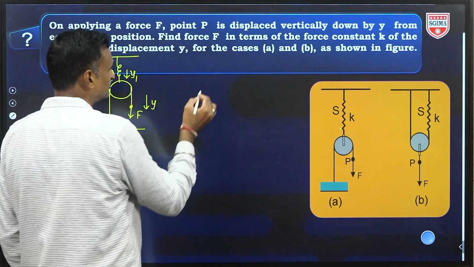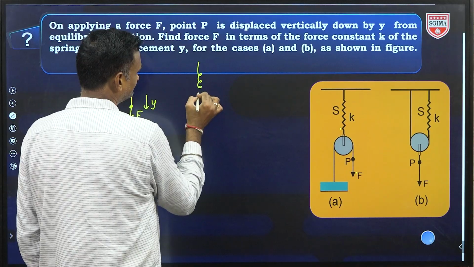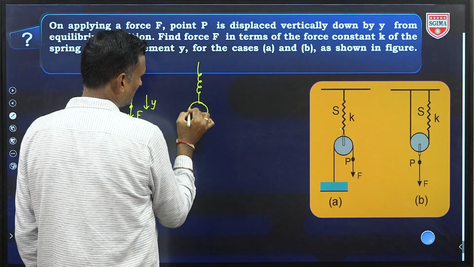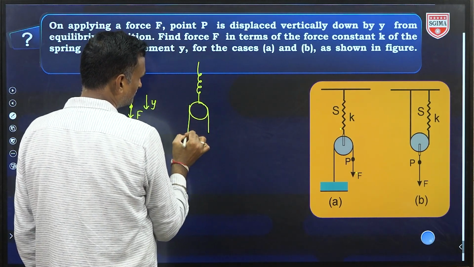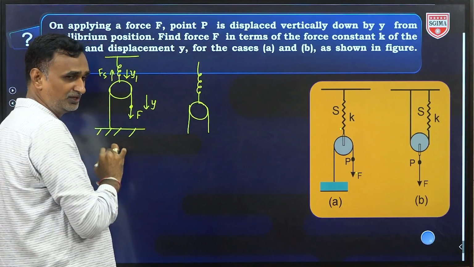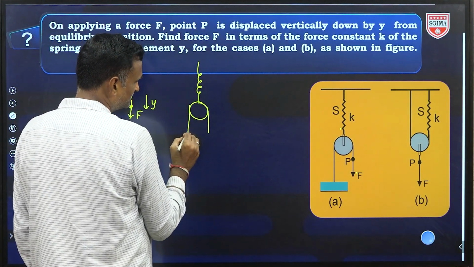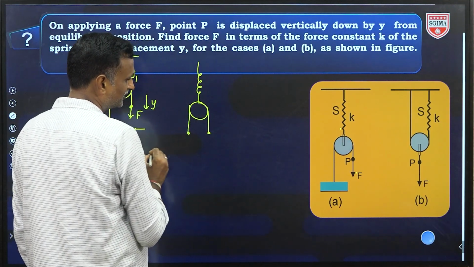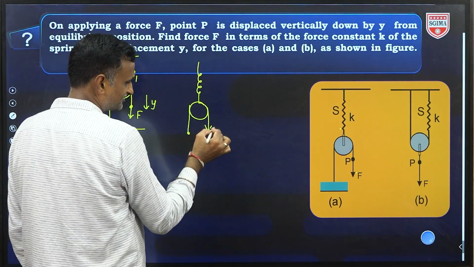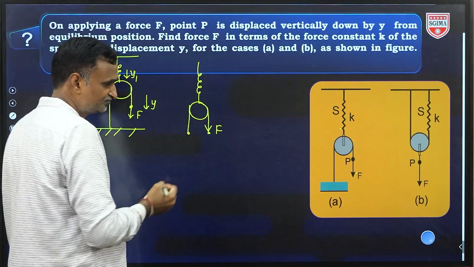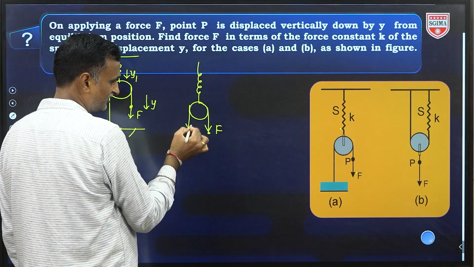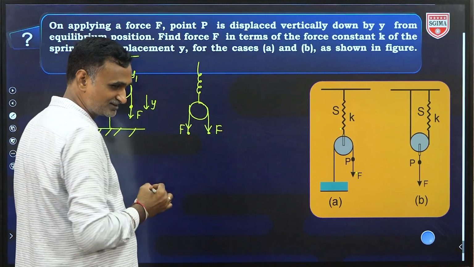Here is the spring and here is the pulley, and here are the two parts of the rope passed over the pulley. We can take two points on the rope, downward the force F acts, and the same force is transmitted here, downward F only acts.